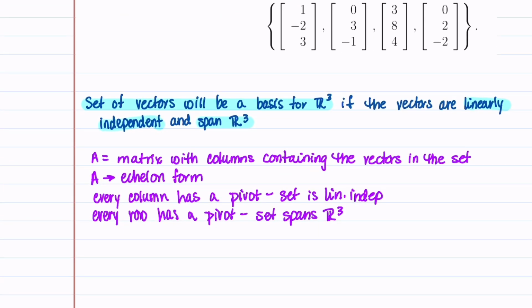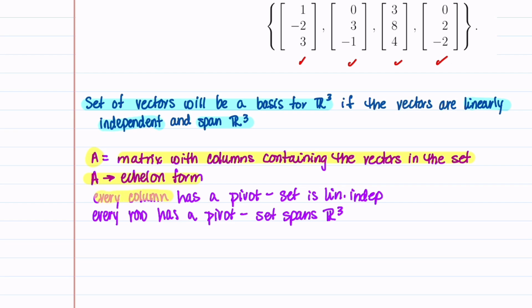The way that we're going to do this is we're going to let A be a matrix with columns containing the four vectors right here in our set. What we're going to do then is take matrix A and put it in echelon form, and look at the pivots in our rows and our columns of our matrix in echelon form.